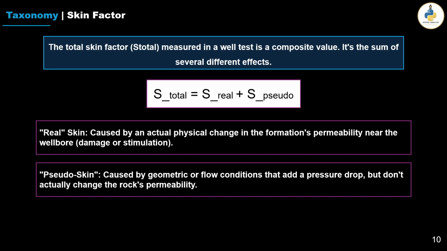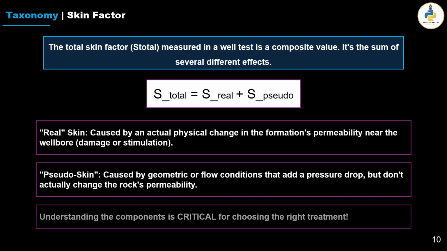Simply, the pseudo-skin has no change in the physical properties of the rock, while the real skin actually changes the physical properties. Understanding the components of the skin factor is critical for choosing the right treatment, and we will see an imaginary example of this.